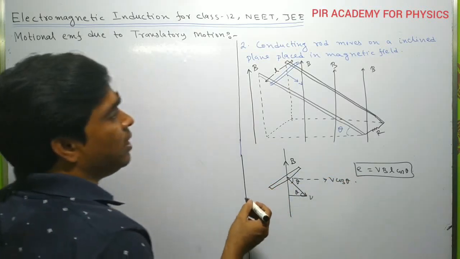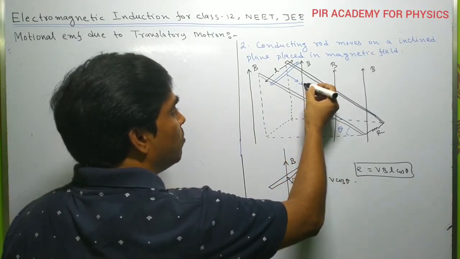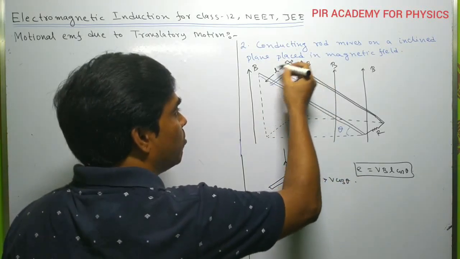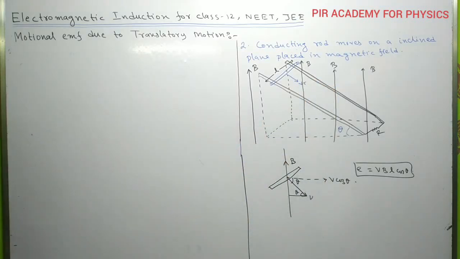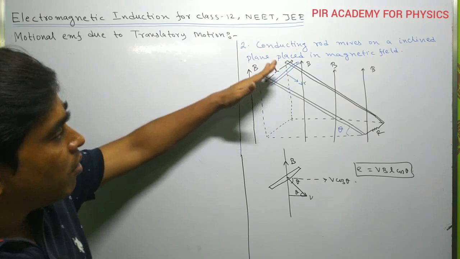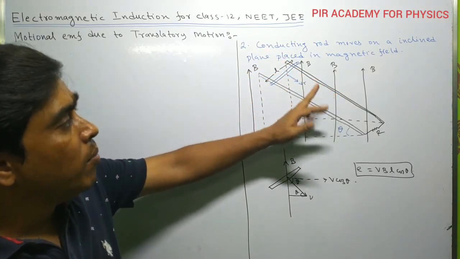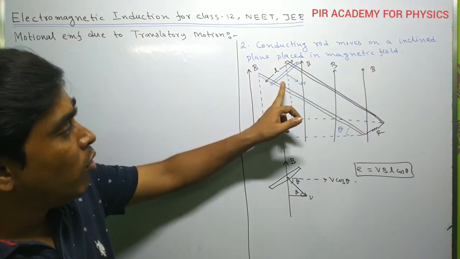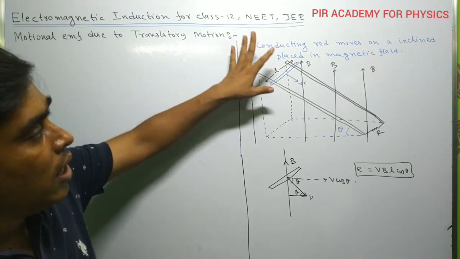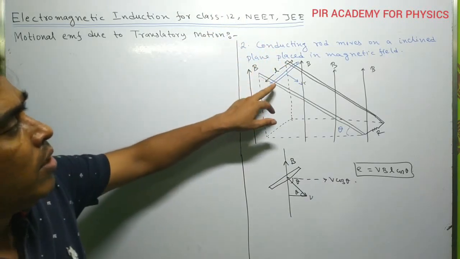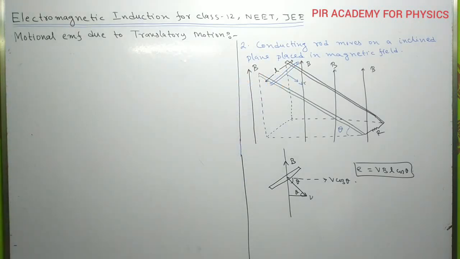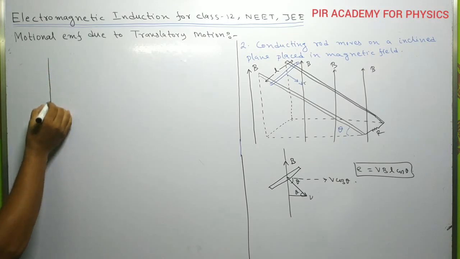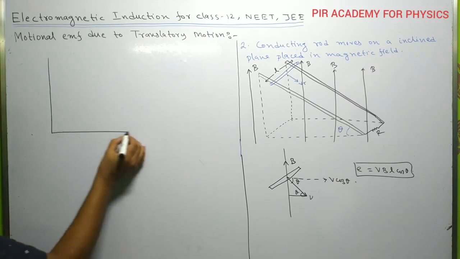Now you have to find the velocity of this conductor. At first the conductor moves with some velocity, but there will be a force opposite to this direction. Then you have to find the velocity of this conductor. Now suppose you draw another picture.